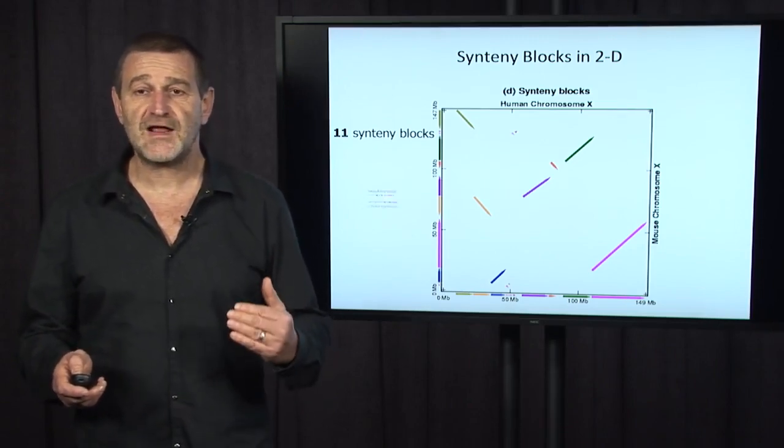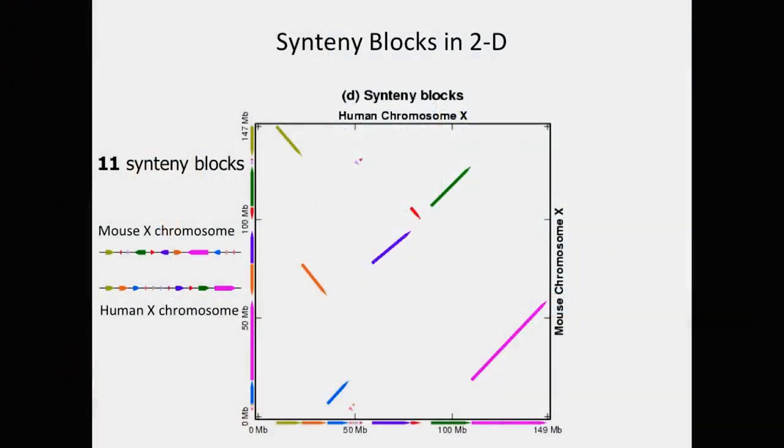Well, if you project these 11 blocks in 2D to the x-axis, you will get the arrangement of human Synteny blocks. And if you project them to the y-axis, then you will get the arrangement of mouse Synteny blocks. Moreover, since we are not particularly interested in the scale of these blocks, and even if some blocks appear small, there are maybe hundreds of genes in each of them, it's just an issue of scale.